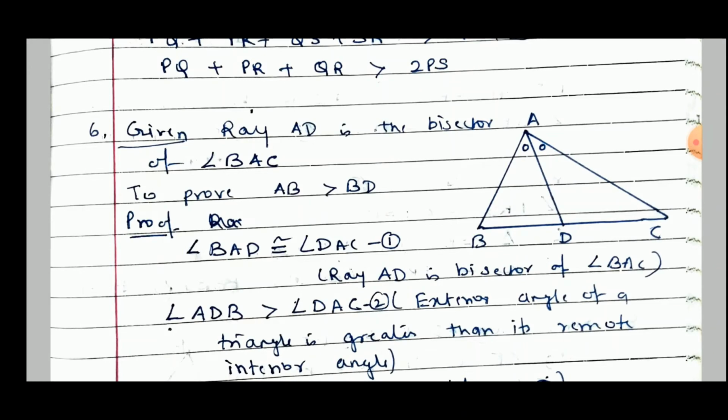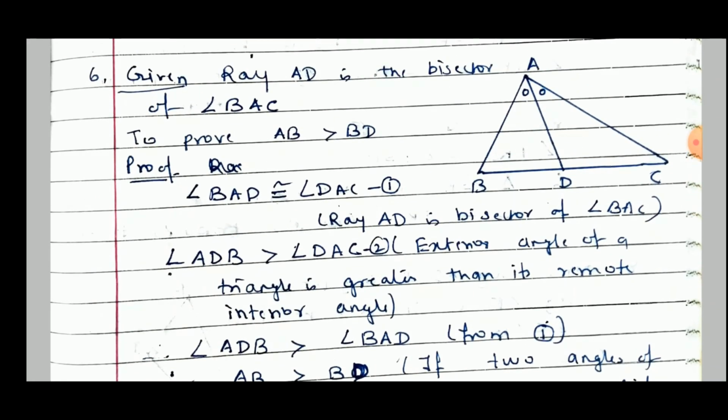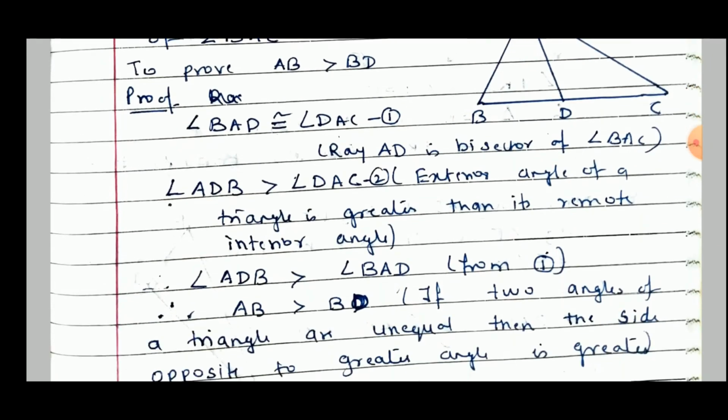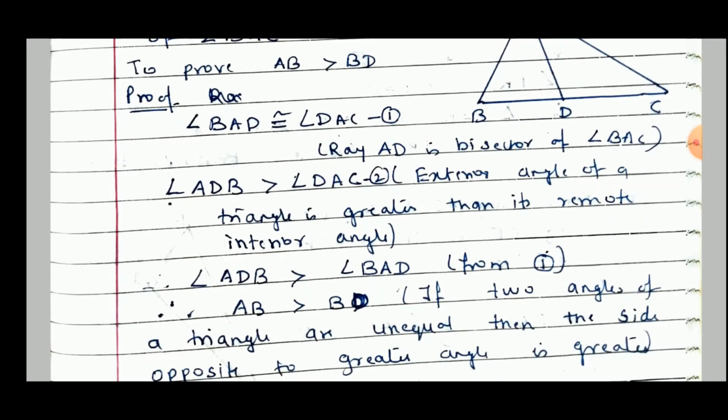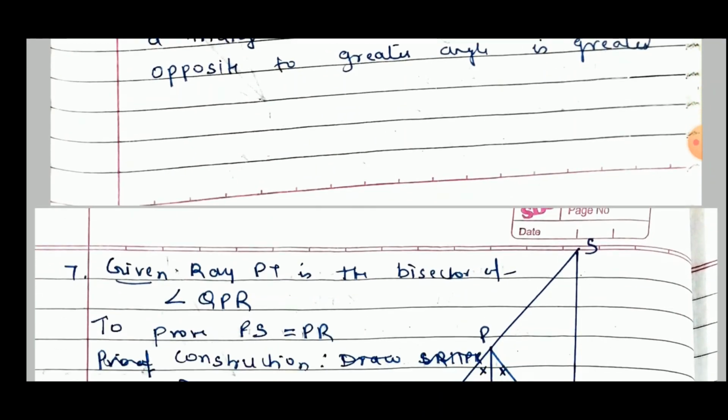Angle ADB is greater than angle DAC, because the exterior angle of a triangle is greater than its remote interior angle. So ADB is greater than BAD. So therefore AB is greater than BD. If two angles of a triangle are unequal, then the side opposite to the greater angle is greater.